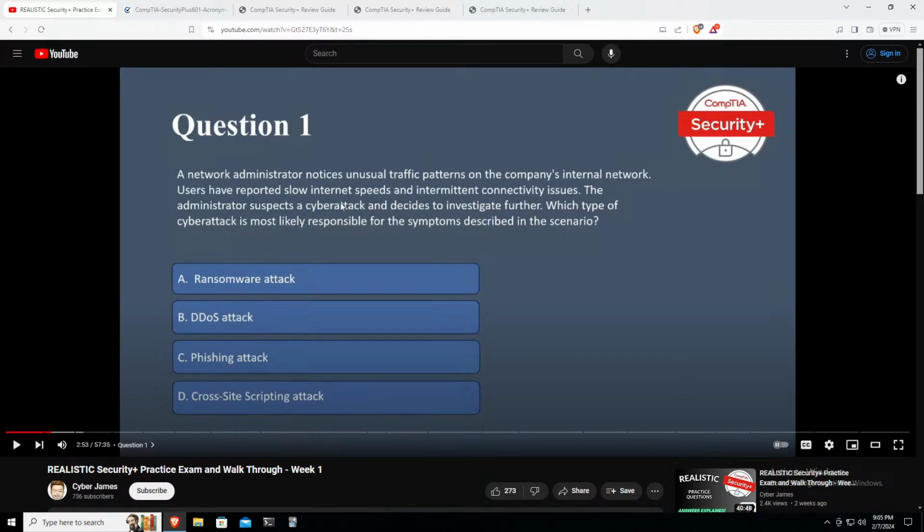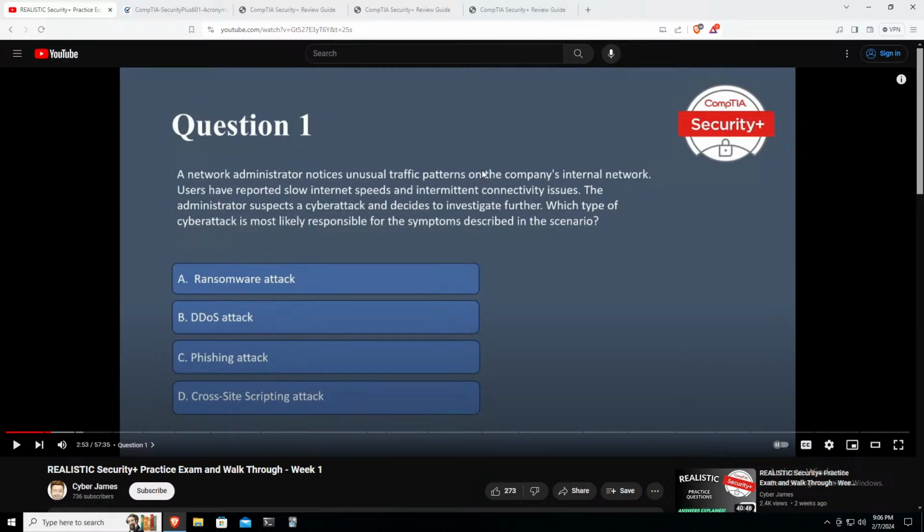So the symptoms are that the users have reported slow internet speeds and intermittent connectivity issues. So disconnecting could be a potential one. The administrator suspects an attack. Definitely any time internet connectivity or connectivity to a service is cut off intermittently, and speeds are slow, this is an attack from multiple angles.